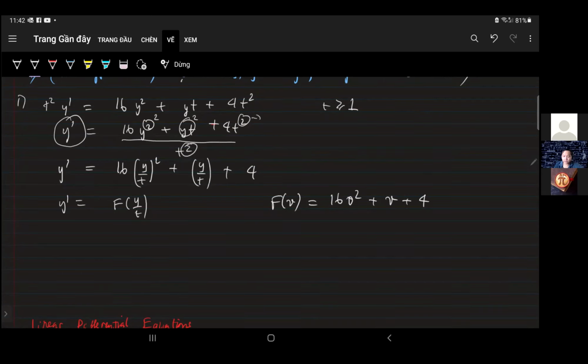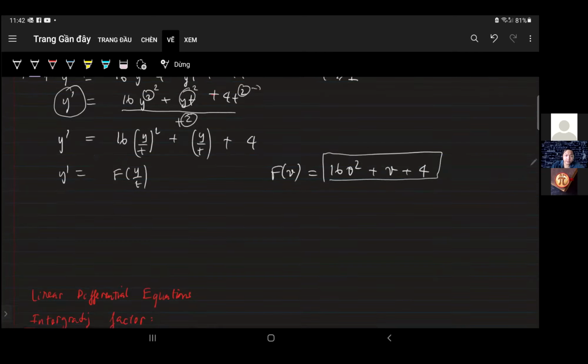So it works for that. This is just a quadratic function, and v we can let equal to y over t. Now you do what you need to do by writing y in terms of t and v.